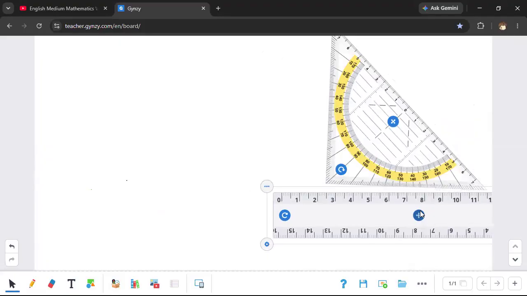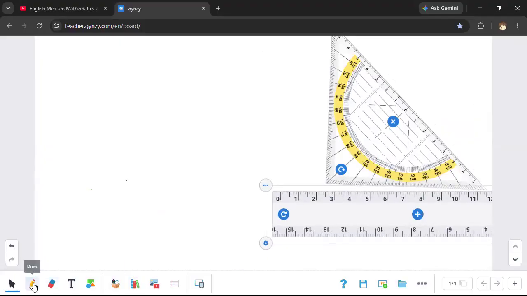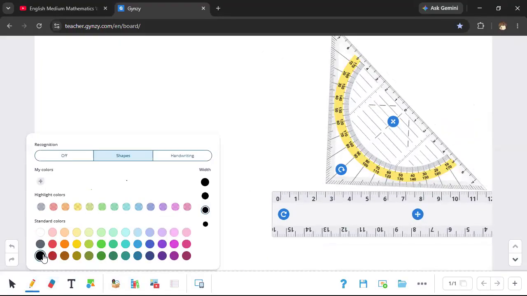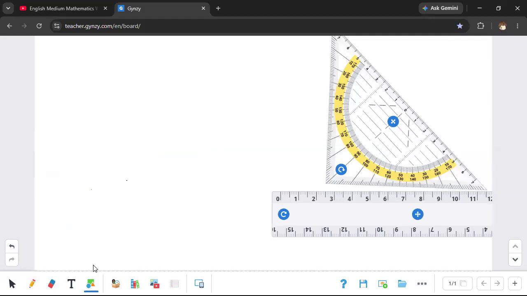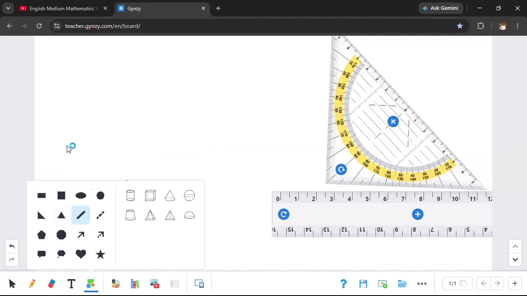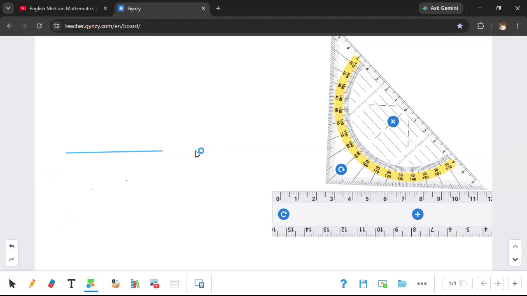And the first thing that you need to have is the fixed line. So this is my fixed line, and I have drawn it.